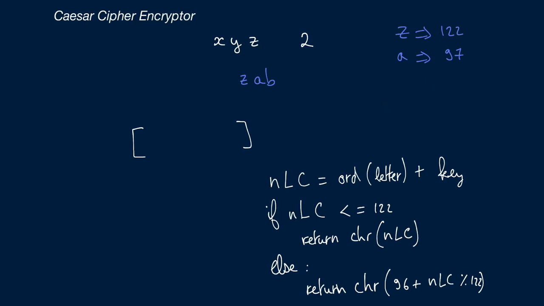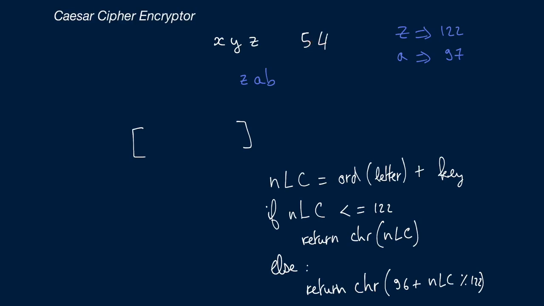So instead of having a key as 2, let's say our key is 53. Or rather, actually, let's not do 53. Let's do 54. The reason we do 54 is because 54 would give us the same answer here. XYZ with the key 54 would turn into ZAB.